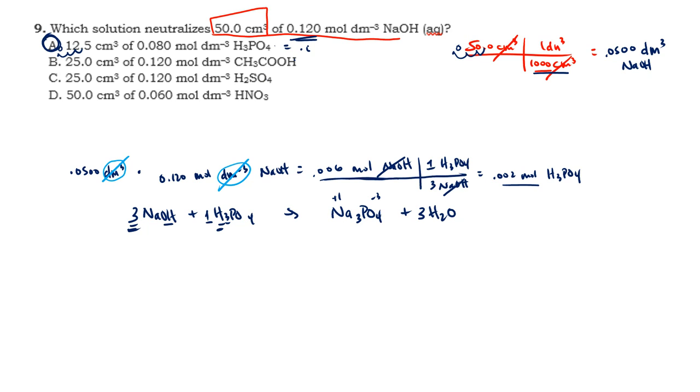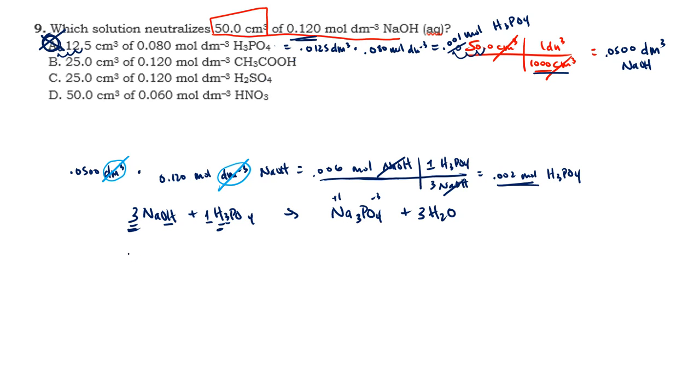So this is going to be 0.0125 cubic decimeters of, means multiply, 0.080 moles per cubic decimeter. 0.0125 times 0.08 gives me 0.001 moles of H3PO4. I need 0.002 moles. I only have 0.001 moles. That's not my answer.